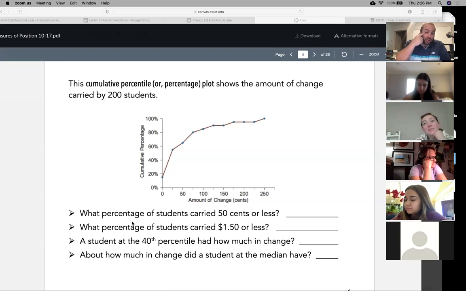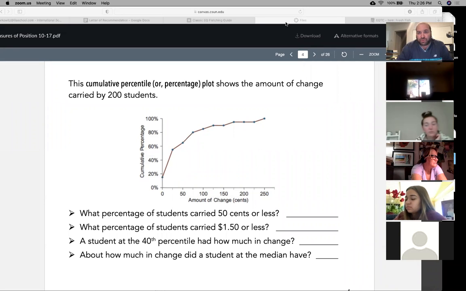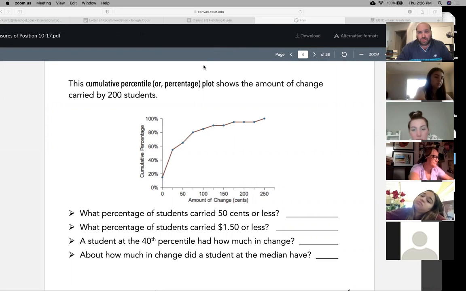Okay, so now let's flip it. A student at the 40th percentile had how much in change? Well, here's what you do. You go to the 40th percent and you go until you hit the graph.